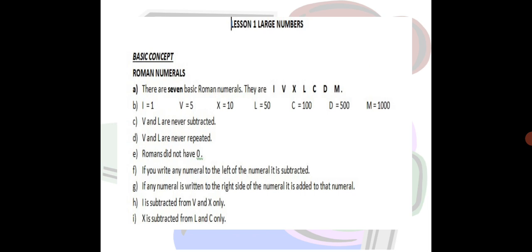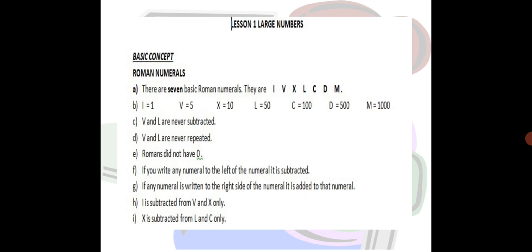Next condition: if any numeral is written to the right side of a numeral, it is added to that numeral. That means if we write a smaller numeral after a bigger numeral, they are both added with each other to form a new number.